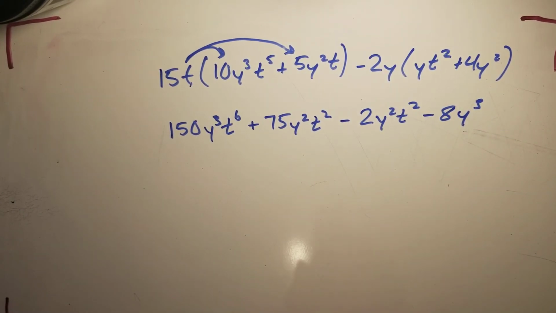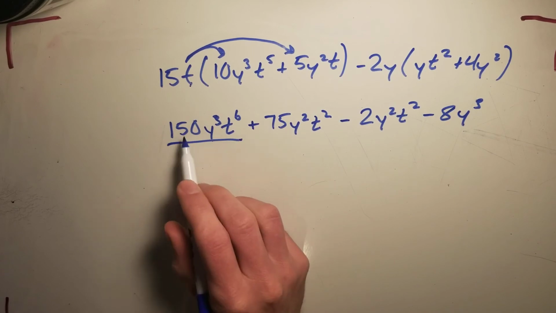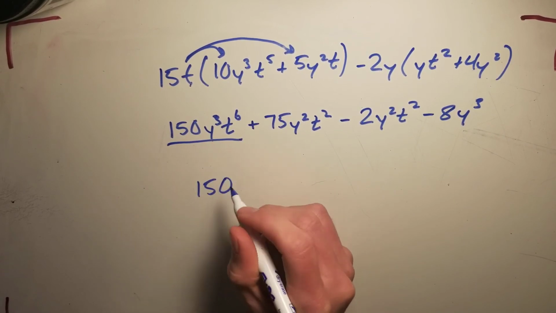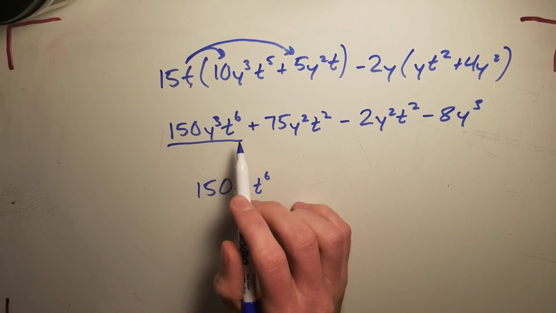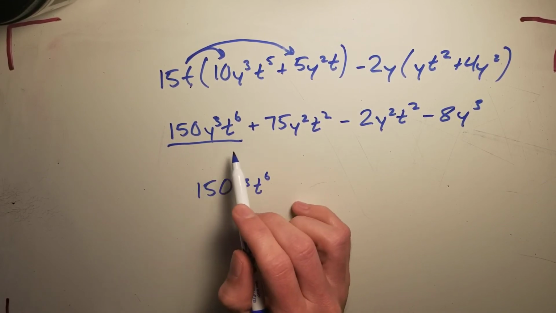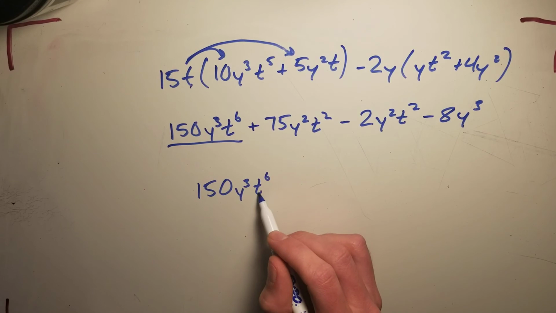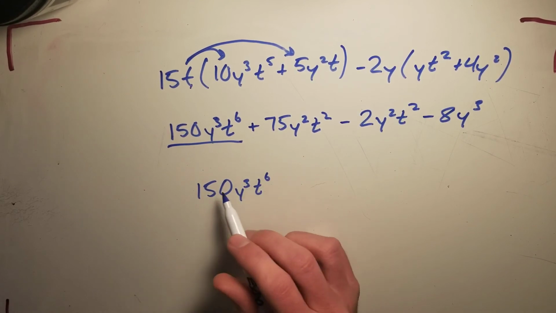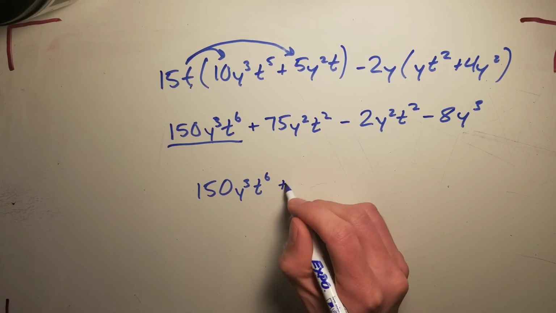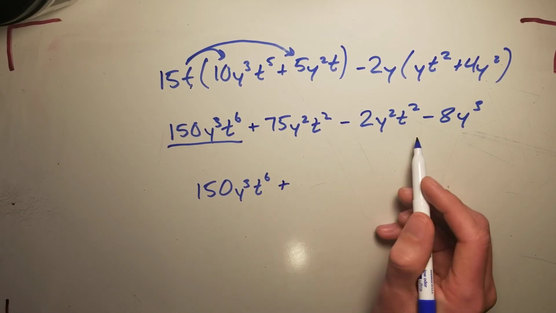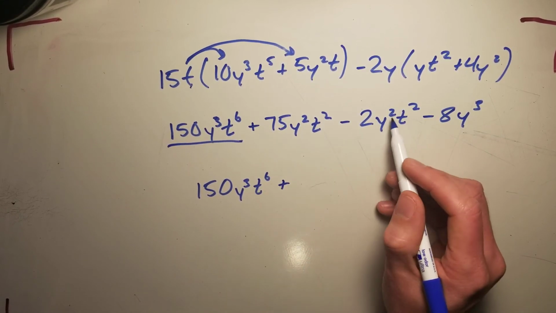So let's go ahead and look for like terms. Start with the highest degree. So we have 150 y to the third t to the sixth. Nothing else has this, or no other terms are y to the third, t to the sixth. And we'll put that first. It's our highest degree. We're of degree 9 here. And then, let's see, like terms, y squared t squared, y squared t squared.